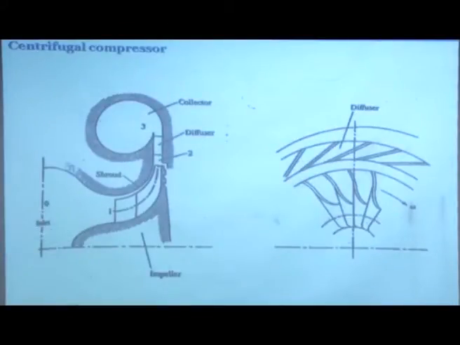So, this is the centrifugal compressor that is actually used. Basically you are imparting momentum to the intake air. First you have compressor blades, imparting the energy, so the flow velocity increases, and then it passes through some kind of a diffuser.